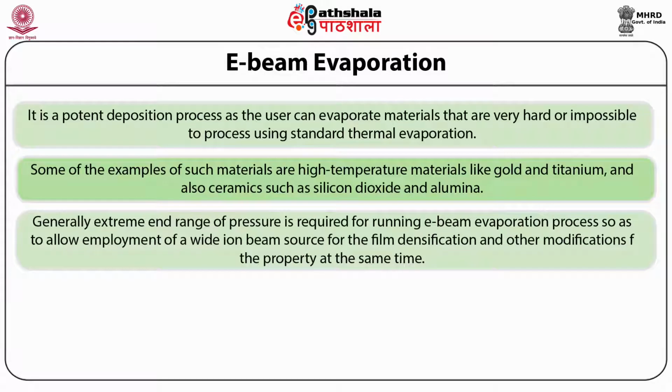Generally, an extremely low range of pressure is required for running the e-beam evaporation process so as to allow the employment of a wide ion beam source for film densification and other modification of the properties at the same time.